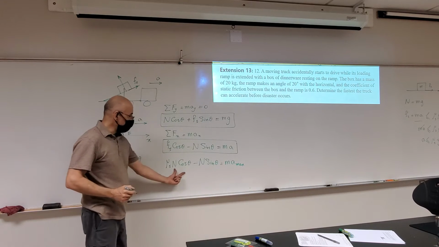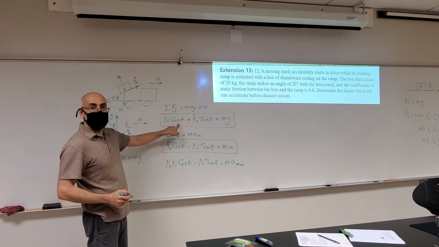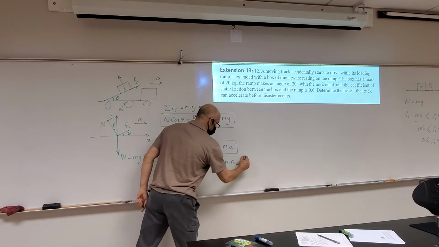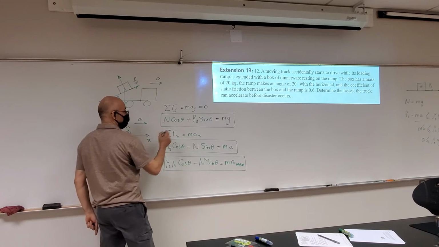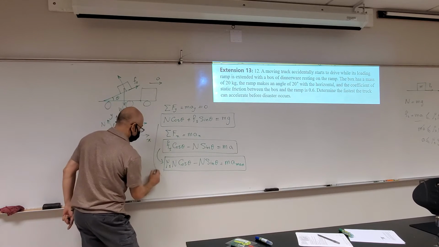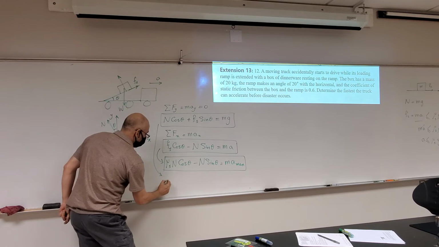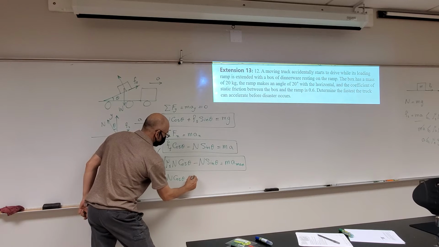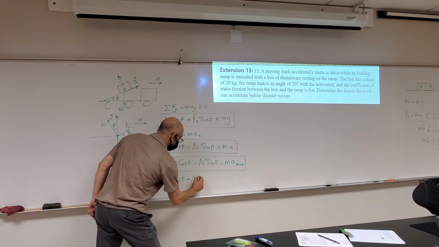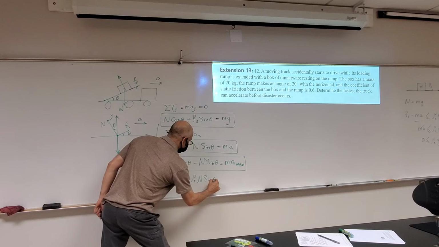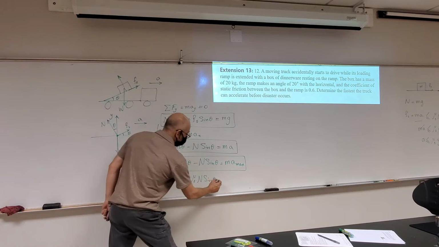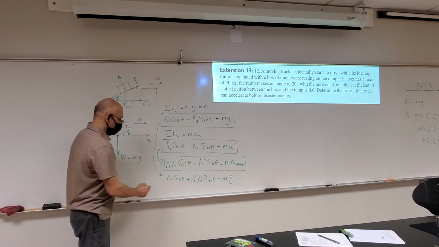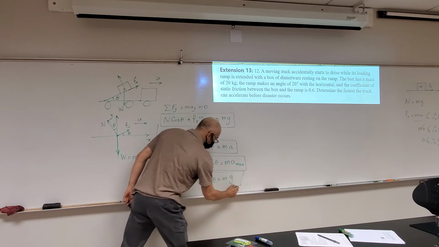But we don't know N, so we use the other equation. This becomes N cosine theta plus mu s N sine theta equal to mg. This is another equation.